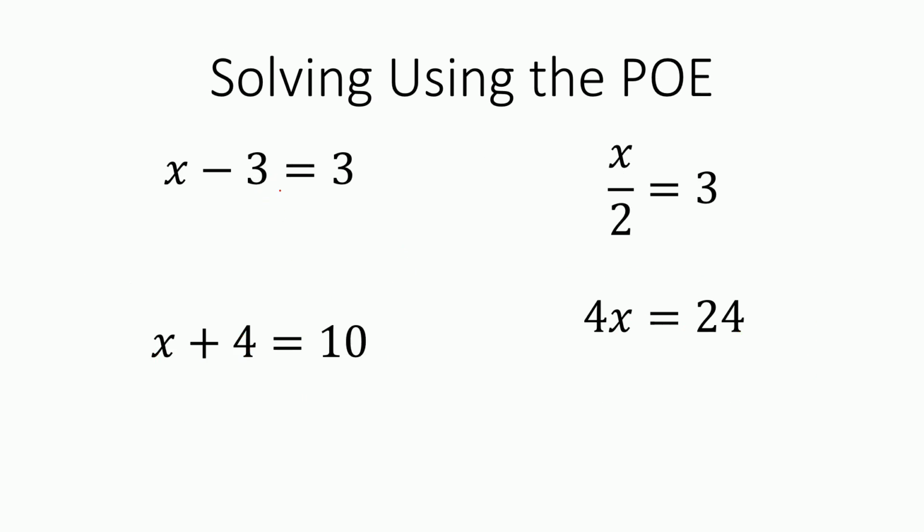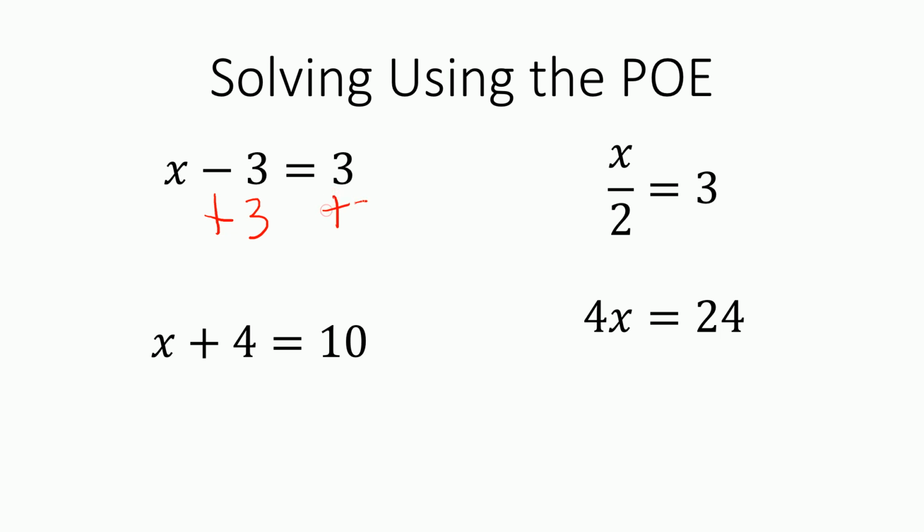So when it comes to solving, we use the properties of equality to solve. And the way we do that is we look at what is happening on the side of the equation with the variable, and we do the opposite operation. So if we have x minus 3 equals 3, we're going to do the opposite operation, which is addition, and we're adding the same value.